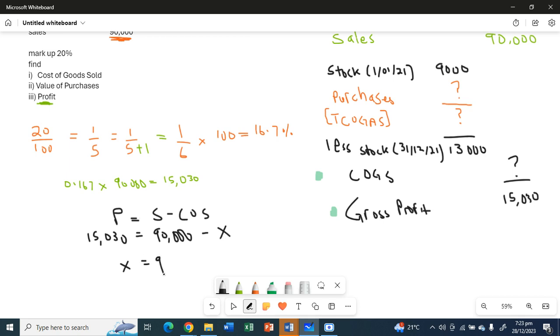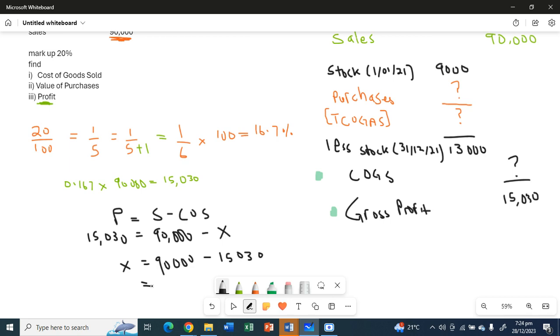You're going to say 90,000. You take this 15,030, bring it to the right side. Say 90,000 minus 15,030. So the value for our cost of goods sold is 90,000 minus 15,030.